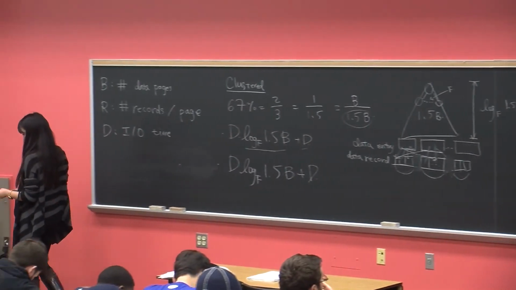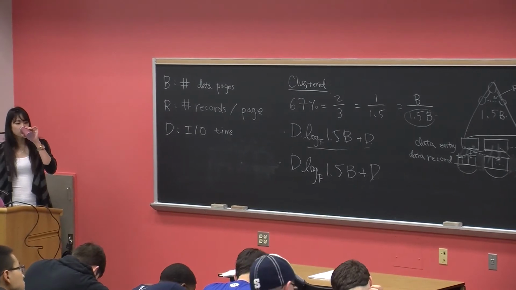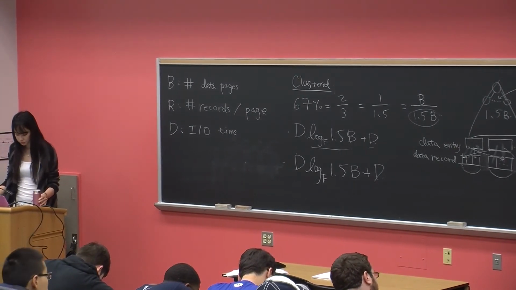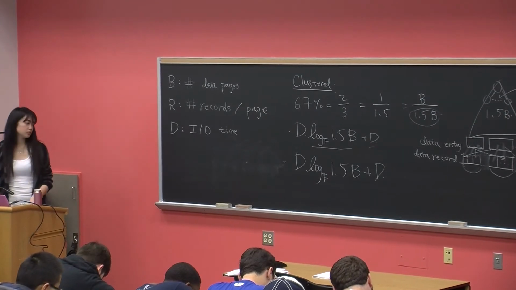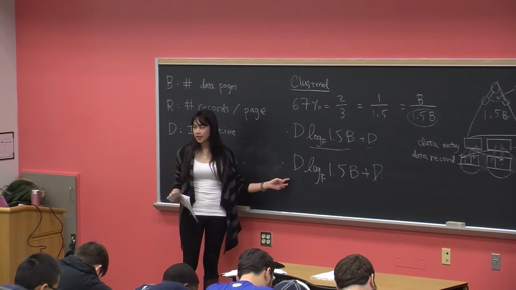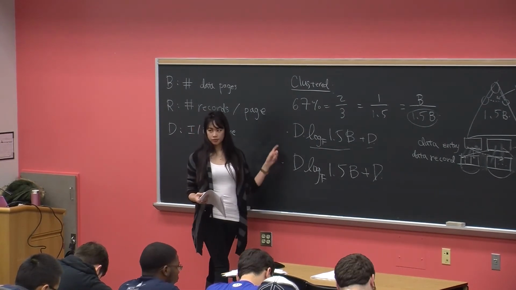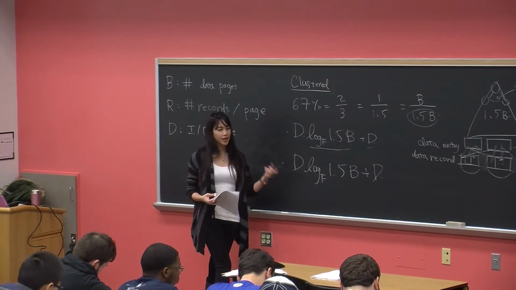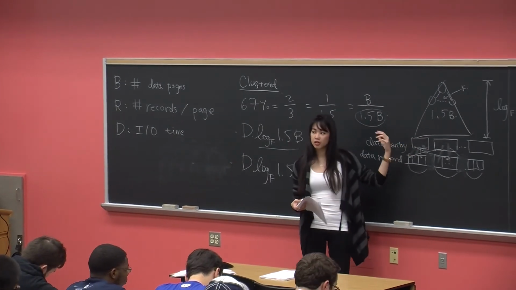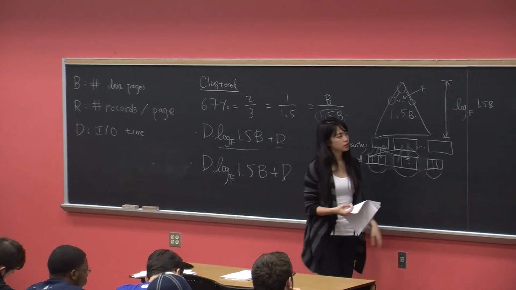How about delete? Like in clustered, insertion and delete are the same. So do you think unclustered will be the same? Yes, you need to search through the tree first, find the spot you want to delete, and you just take 1 IO to delete it.